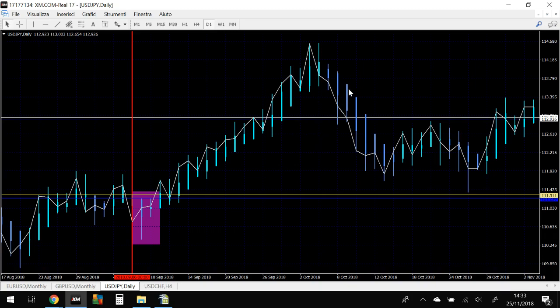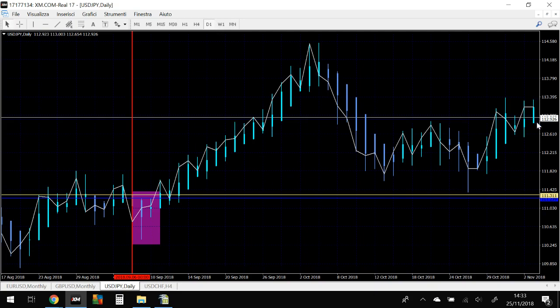As you see, the bar starts in the middle of the body of the previous bar. The beginnings are always in the middle of the previous bar's body, okay? So the close is only the average of the 4 points, which are the current price.